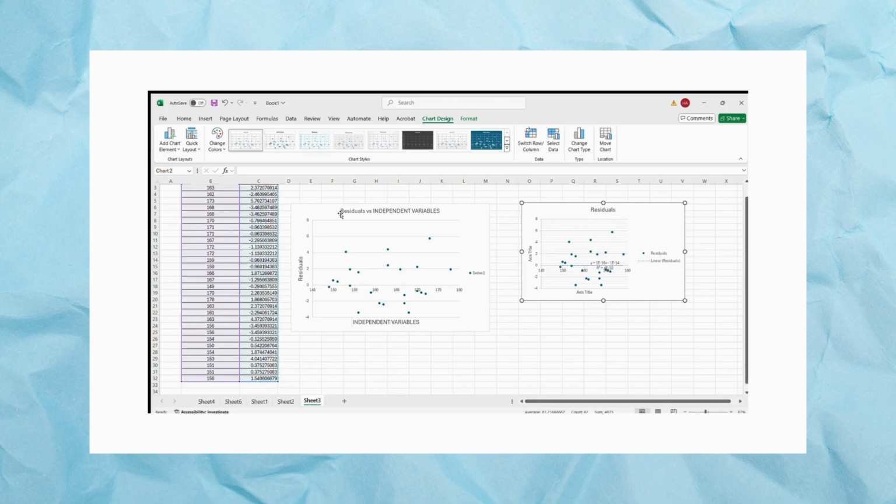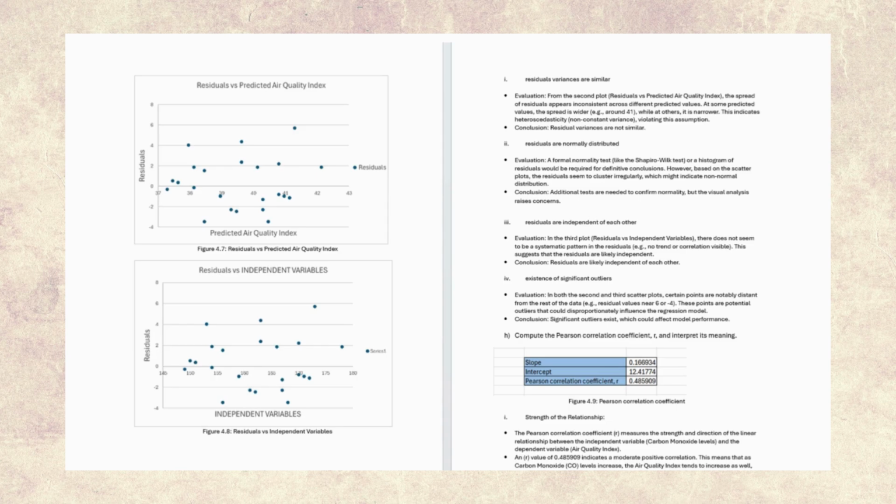And this is residual versus independent variable. The points are called residuals. The values are the predicted air quality index and the independent variable.